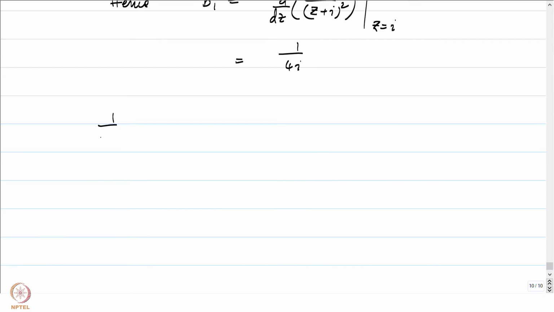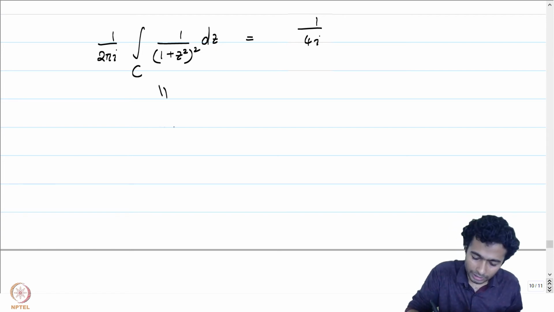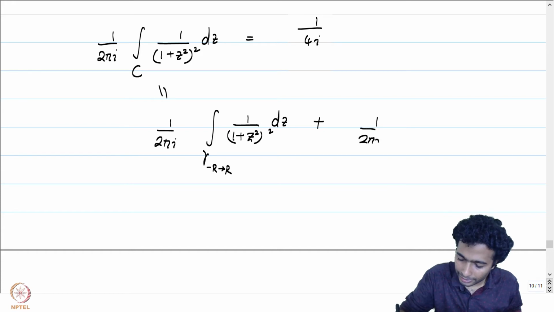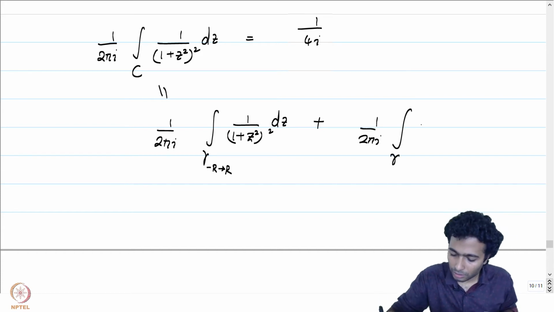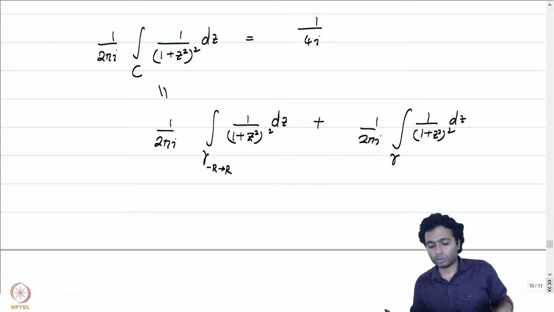We have, let me write down what we have, 1 by 2 pi I times the integral over C of 1 by (1 plus z square) the whole square dz is equal to 1 by 4I. That is good because this integral to the left is nothing but 1 by 2 pi I times the integral over gamma from minus r to r of 1 by (1 plus z square) the whole square dz plus 1 by 2 pi I times the integral over gamma of 1 by (1 plus z square) the whole square dz.